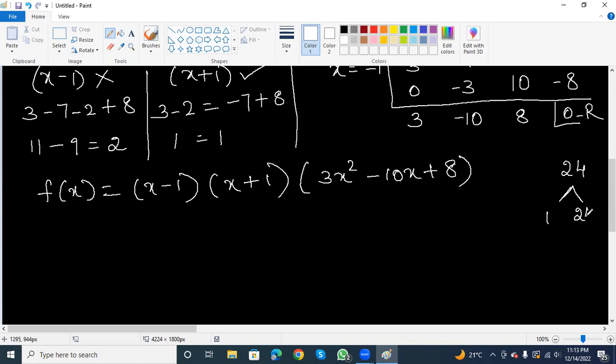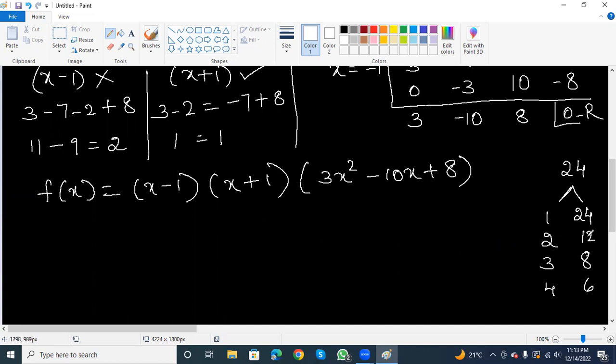1 and 24, 2 and 12 is 24, 3 and 8 is 24, 4 and 6 is 24, 5 doesn't go, 6 came already. Let's stop writing. Now, for splitting the middle term, we have the middle term negative 10. So which two numbers, if we add or subtract, give negative 10, we need to check.